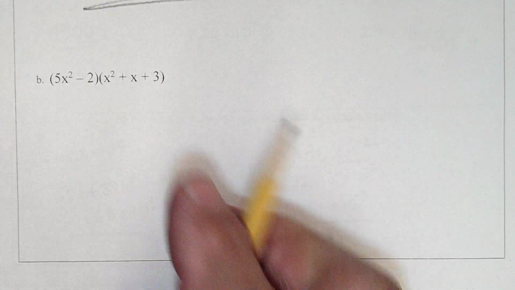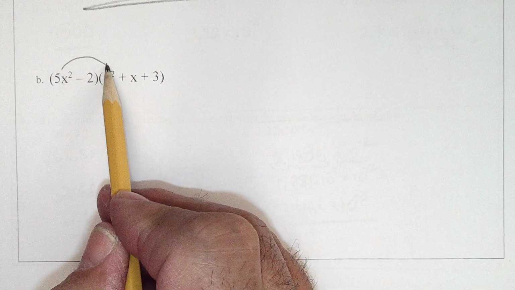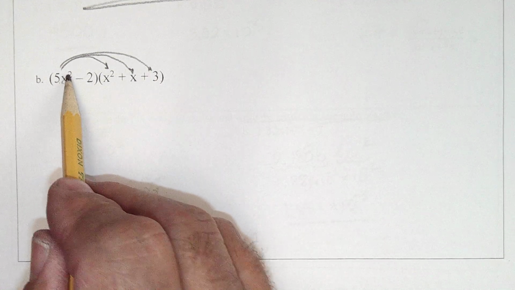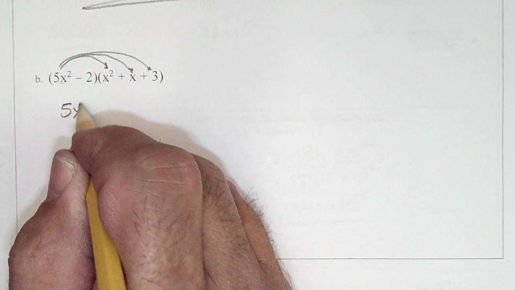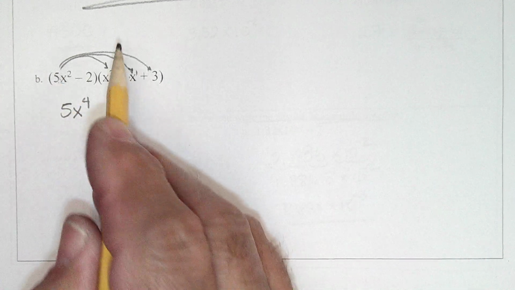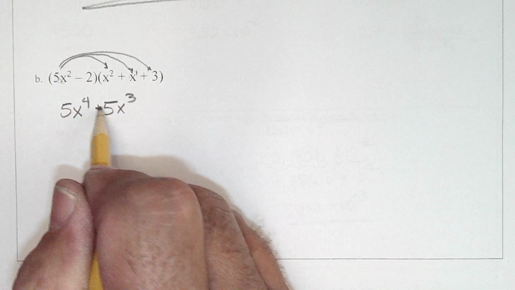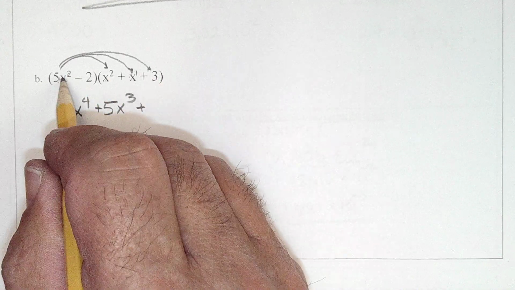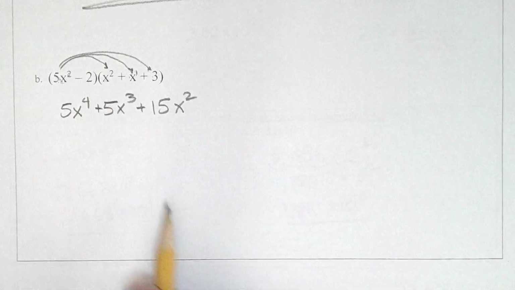So here we've got this whole quantity times this whole quantity, so I got to take this times each one of these. So 5x squared times an x squared. We're multiplying, so we do add the powers. 5x to the 4th. 5x to the 2 plus 1, x to the 3. 5x squared times 3 is, there's no x power here, so we just stay with the 2. 5 times 3 is 15x squared.